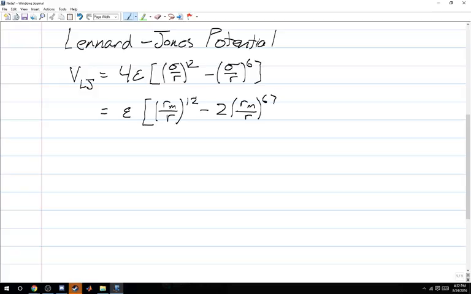Okay, so these equations are basically two different ways of doing this potential.